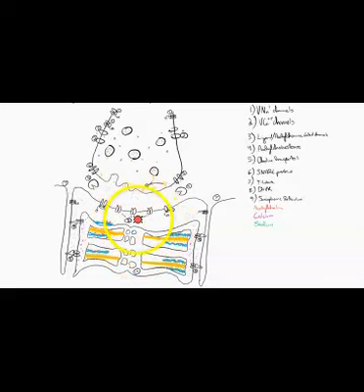And once the calcium leaves and breaks bonds from the troponin, then it leads to tropomyosin binding back onto the active sites, not allowing the myosin to contract anymore, which then relaxes the muscle.